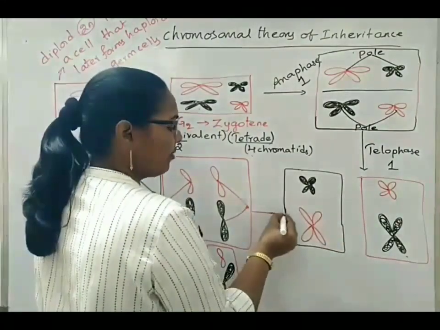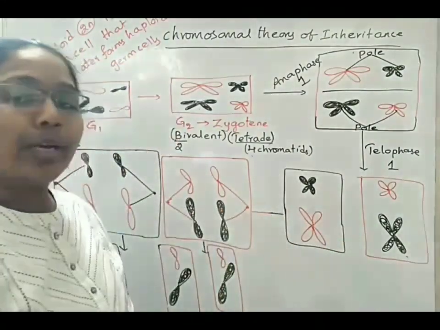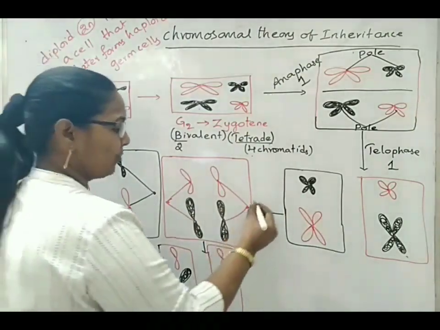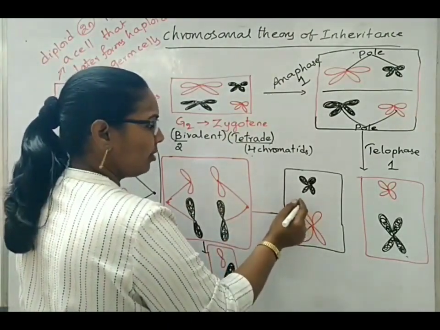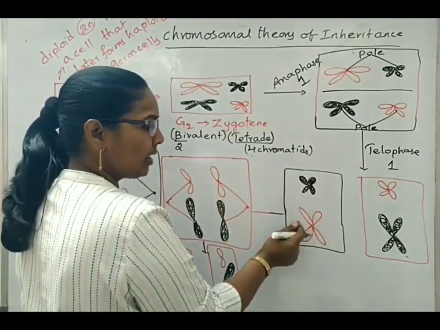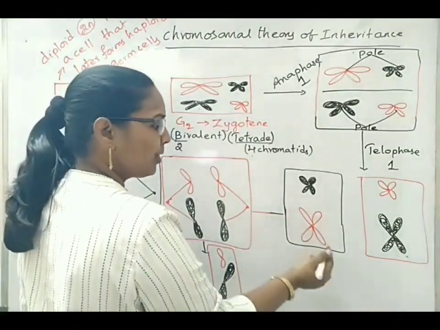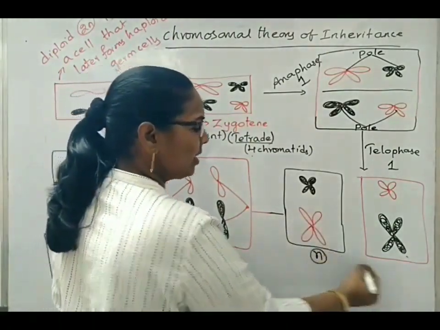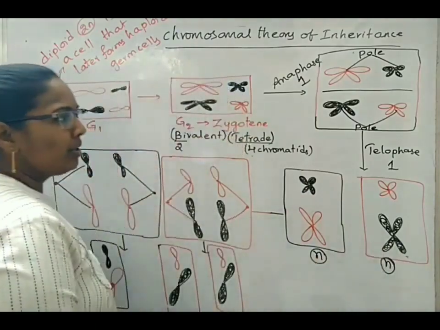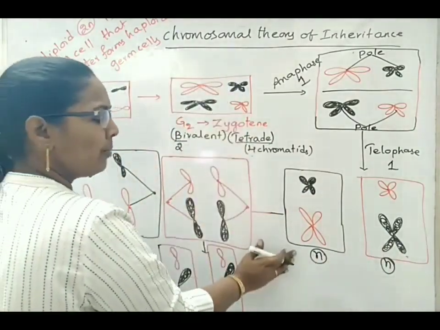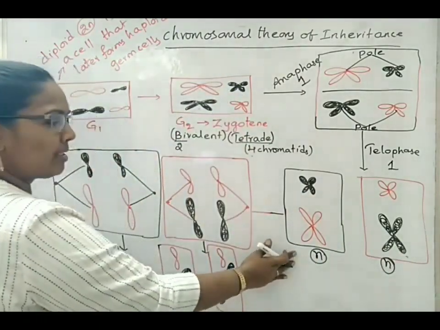Each cell is haploid in condition because the number of chromosomes has become half in each baby cell. After that, these have to enter into meiosis 2.